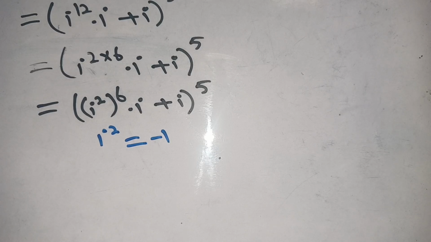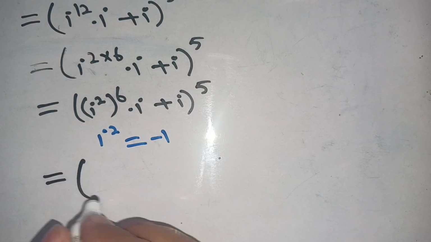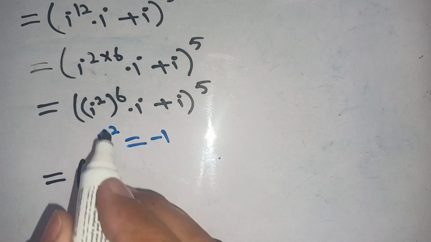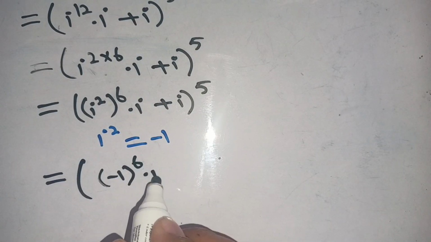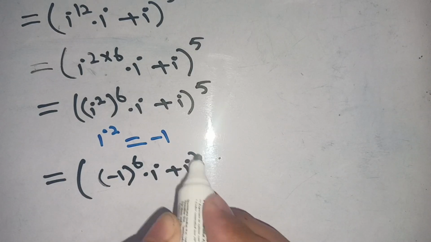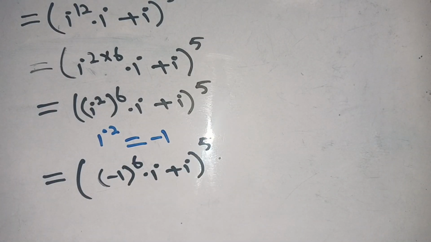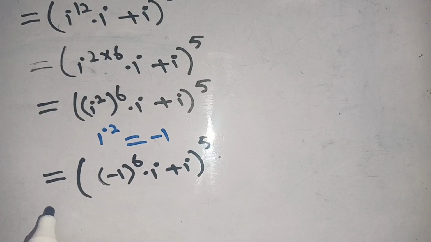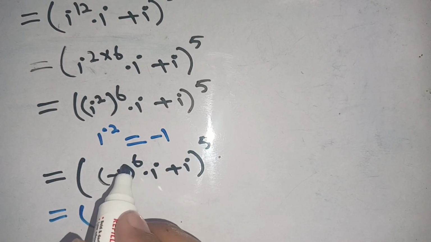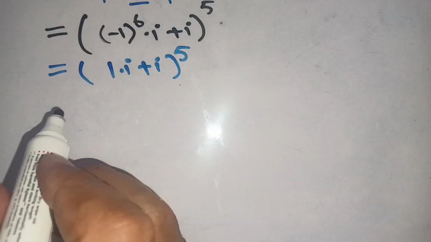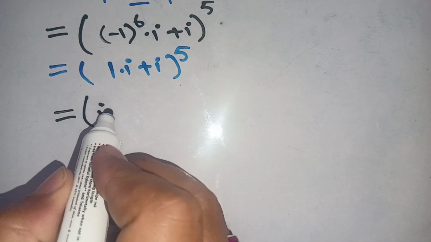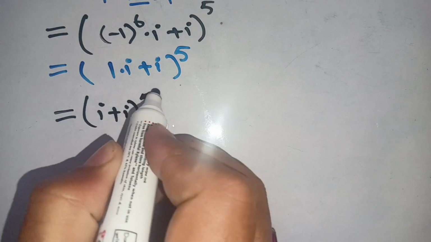Thus, in place of iota square, we put minus 1, whole power 6 times iota, plus iota, whole power 5. Now it is equal to (minus 1) power 6, which becomes 1 times iota plus iota, whole power 5. Now it is equal to iota plus iota, whole power 5.